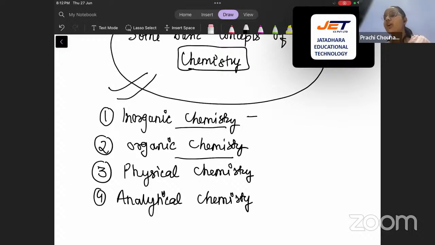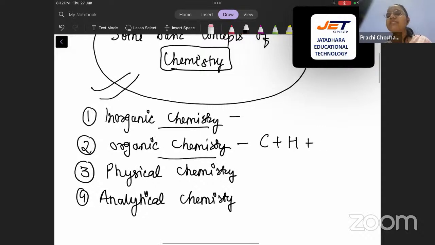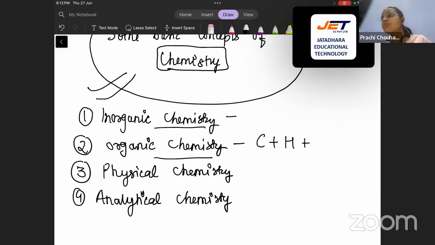Now in organic chemistry, we will be learning about the compounds that have carbon and hydrogen. And along with that, we will see the carbon compounds which may have oxygen, nitrogen, or some of the halogens. Halogen in general will be denoted by X, which includes bromine, chlorine, fluorine, and iodine.